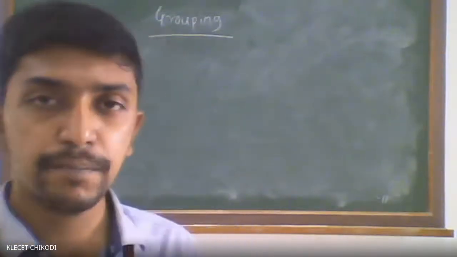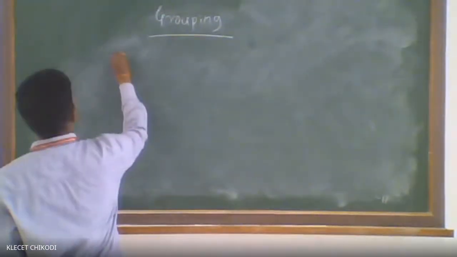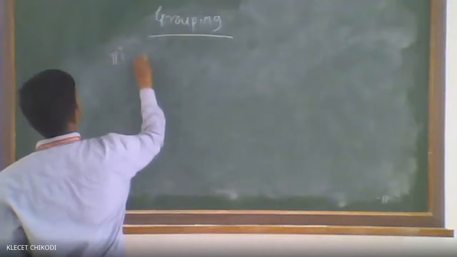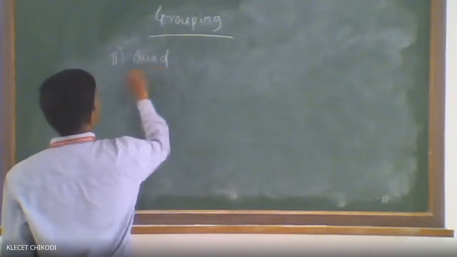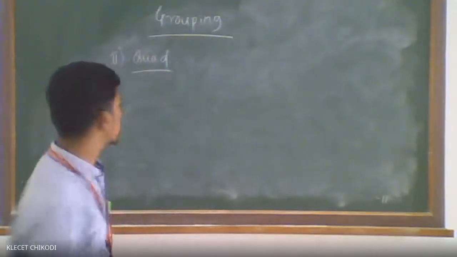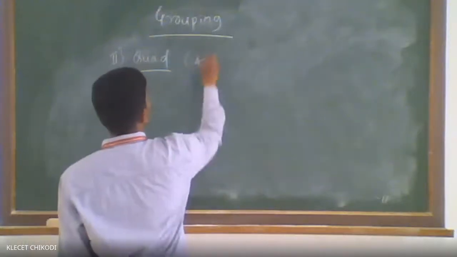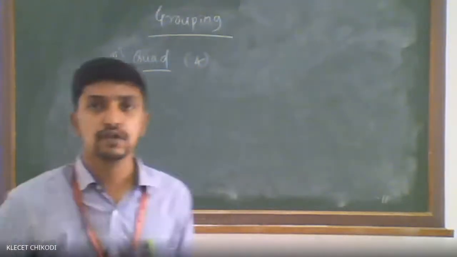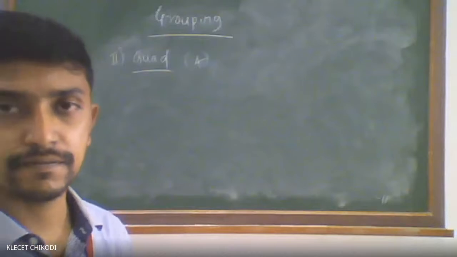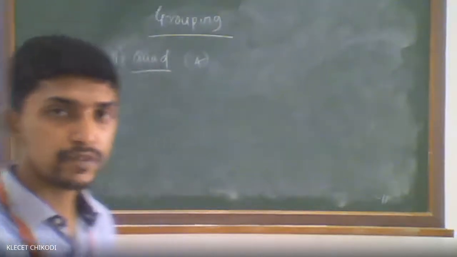Now we have seen a pair. After that we will see a quad function. Second one is quad function. So quad means we have to make a group of 4 values, a group of 4 cells here in a K-map. Okay.